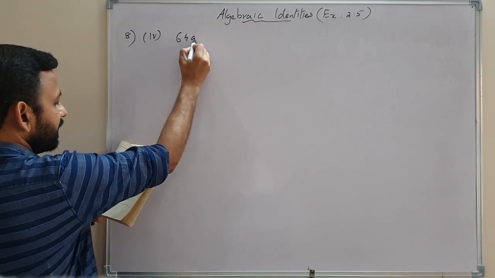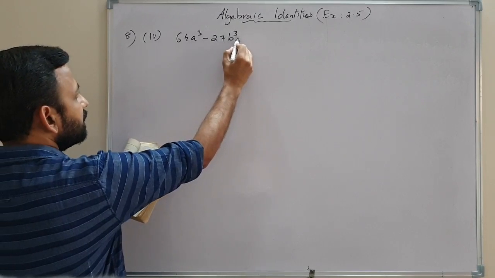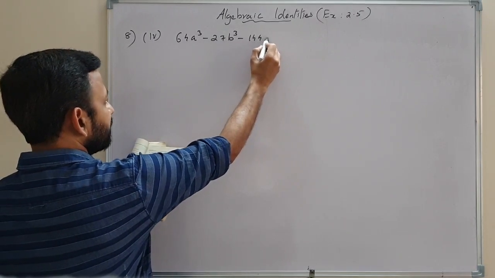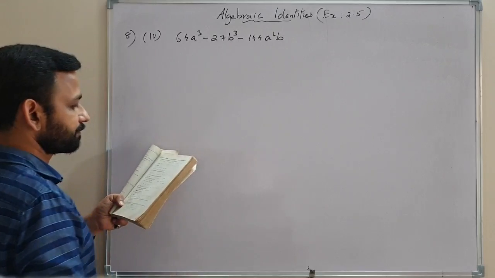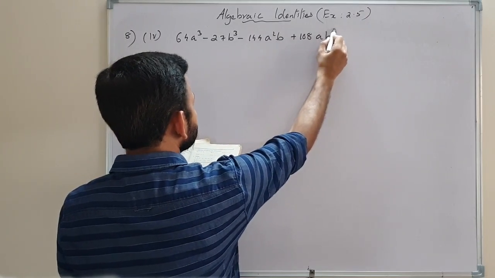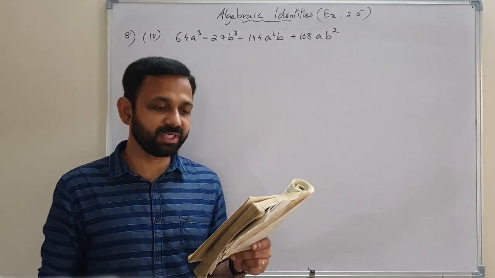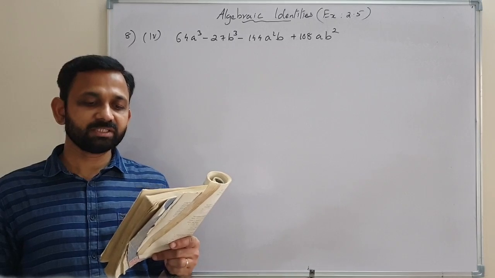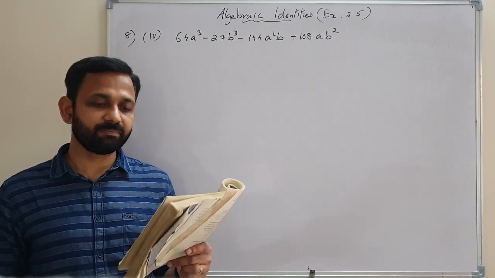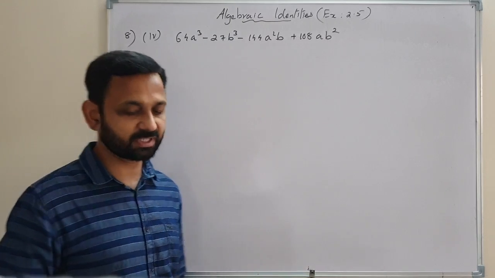64 a cube minus 27 b cube minus 144 a square b plus 108 a b square. So we need to factorize this expression.